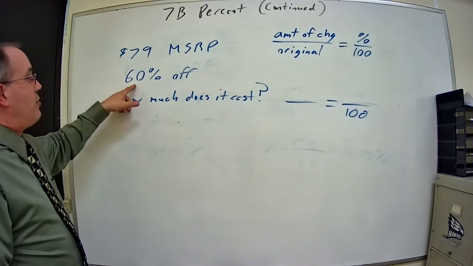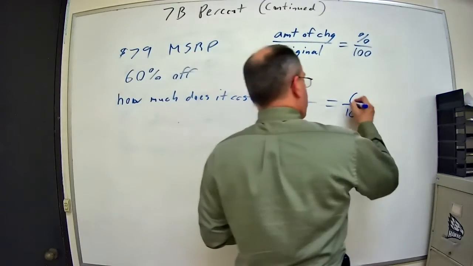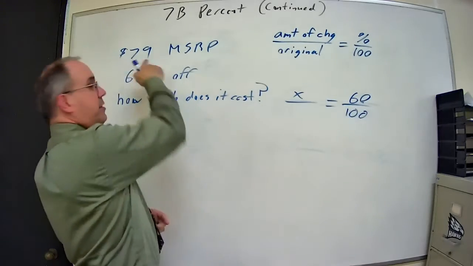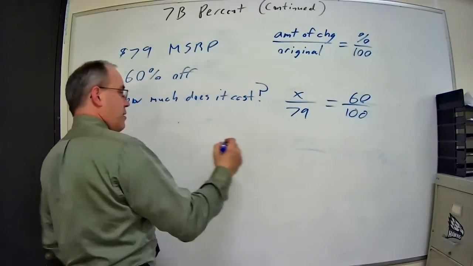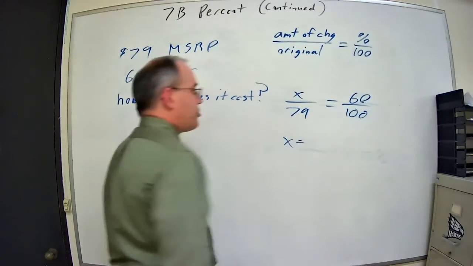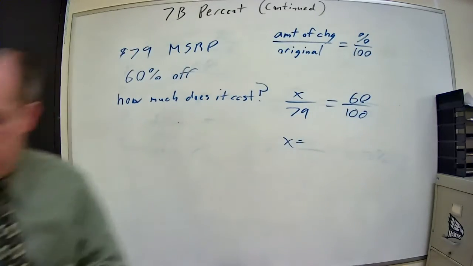But we want to find out, what is 60% of $79? So X is equal to, multiply the diagonal, 60 times 79.